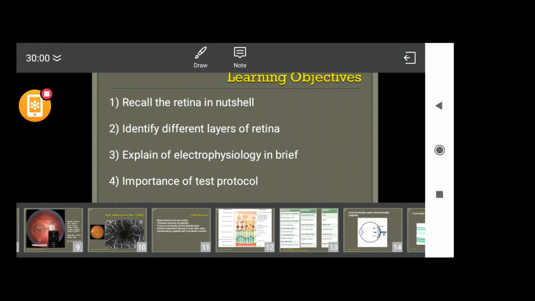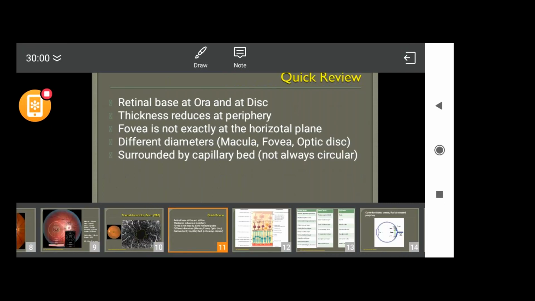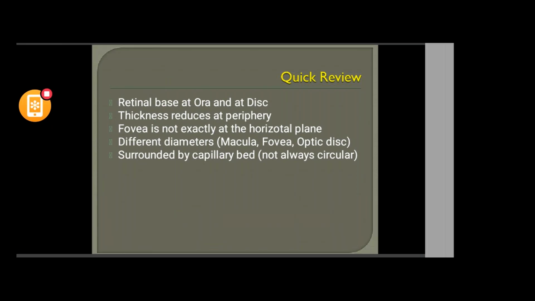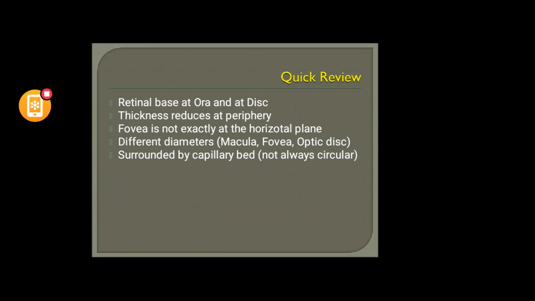I'm not going through the details of those initial objectives which were primarily discussed. I will just go through the summaries that I discussed previously. During our first objective, what did we learn? We learned the retinal origin, when it originated basically, and the retinal base, that is where the retina is attached at the ora as well as at the disc. Then we understood the thickness of the retina in different areas, at the edge, at the center, as well as the region where it originated.